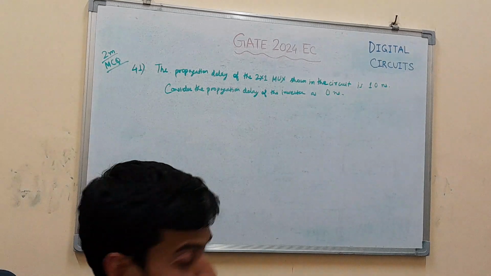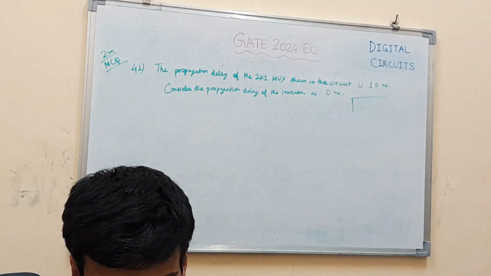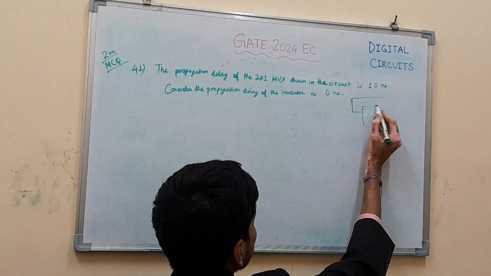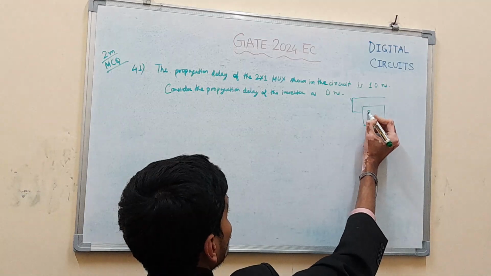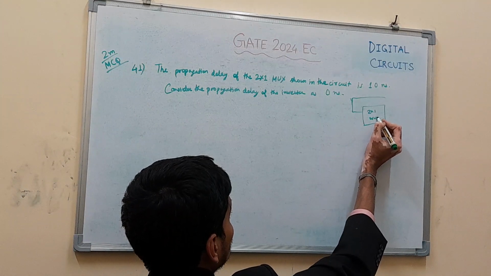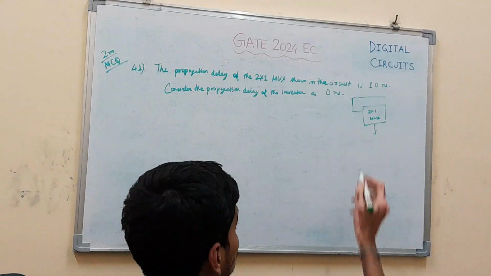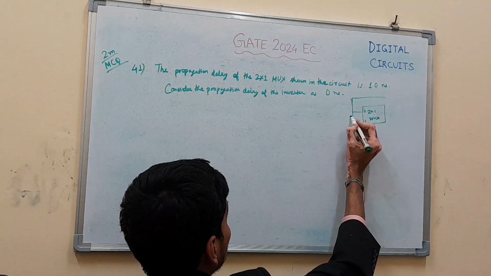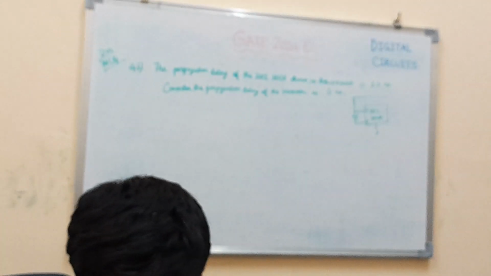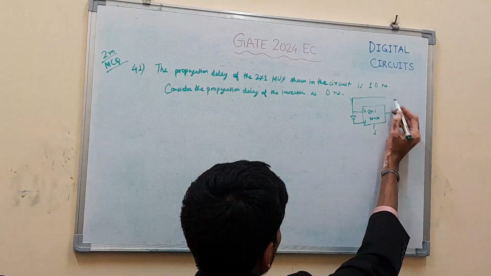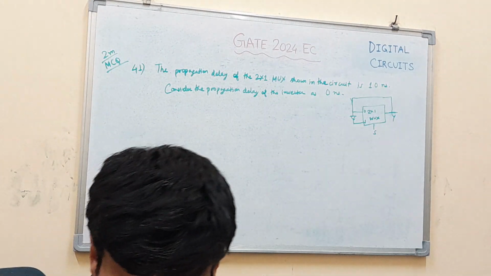The circuit is given something like this, with inputs 0 and 1.